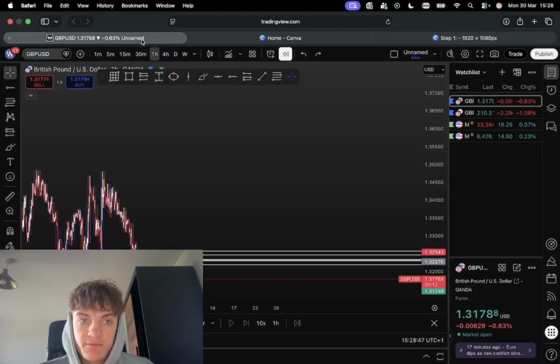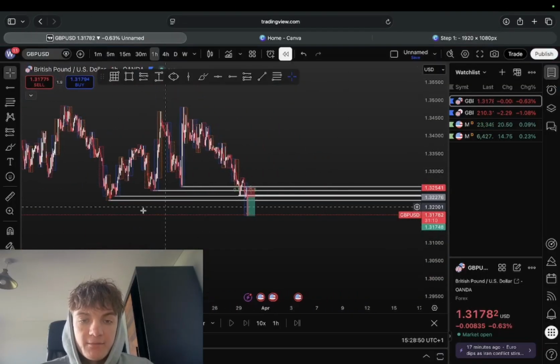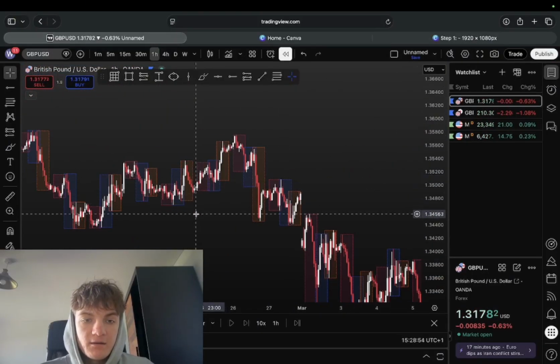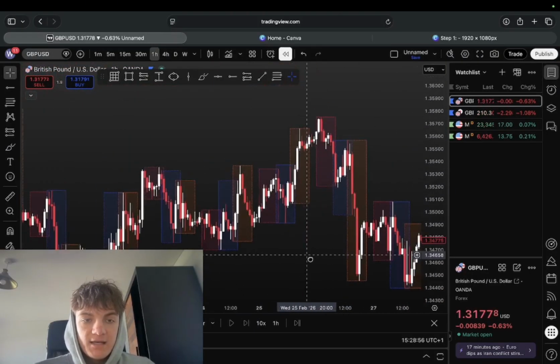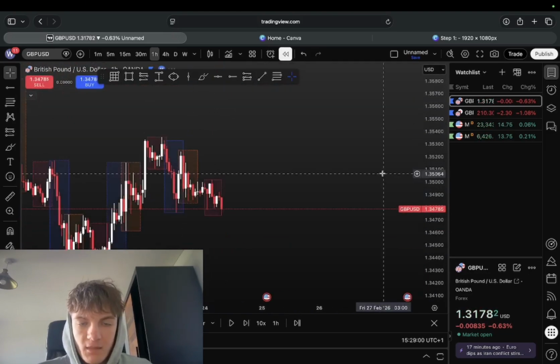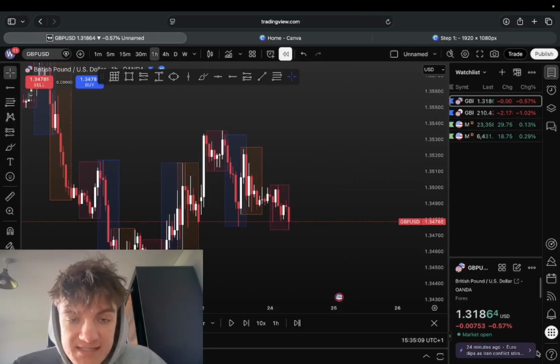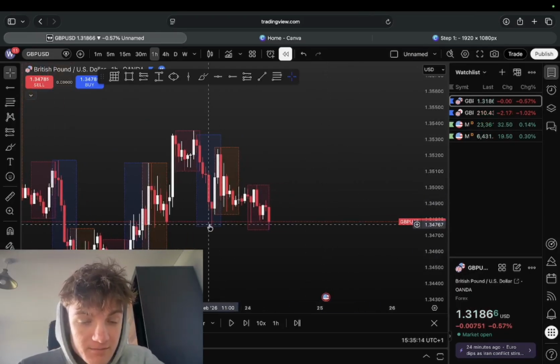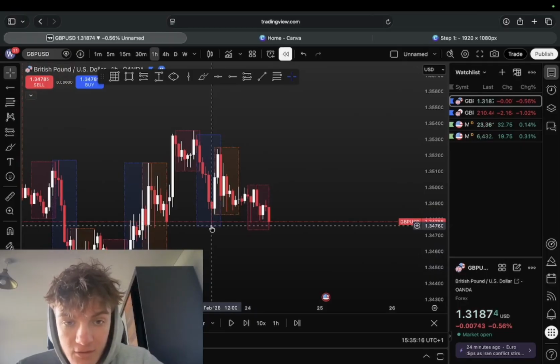Actual implementation. How do we implement them? On this day here, we are going to be bullish because, like I said before, we use liquidity for our bias.